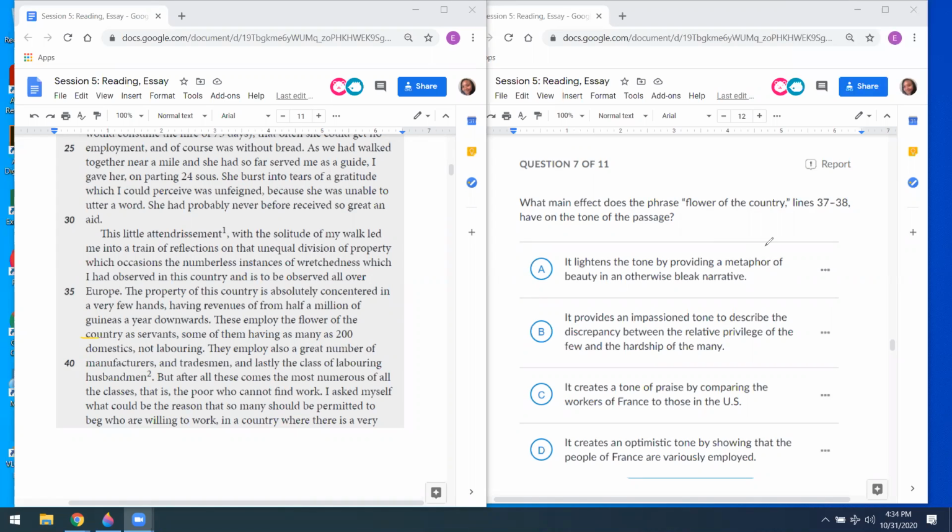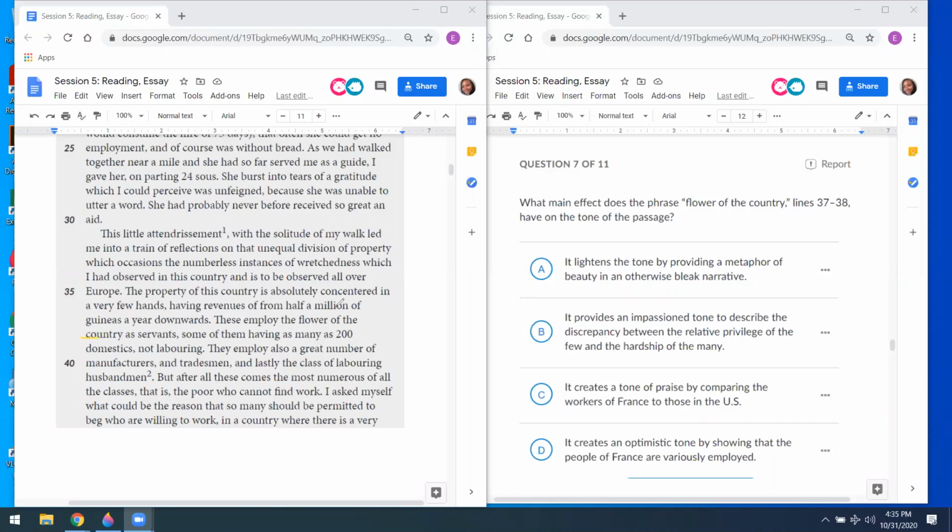I will say mine, then. It was B, because for the first part I base it on the overall purpose of the passage. It was to describe how there's hardship in the majority of the population because they're only based on the rich.